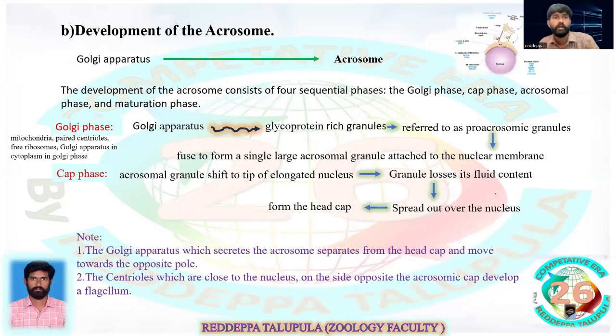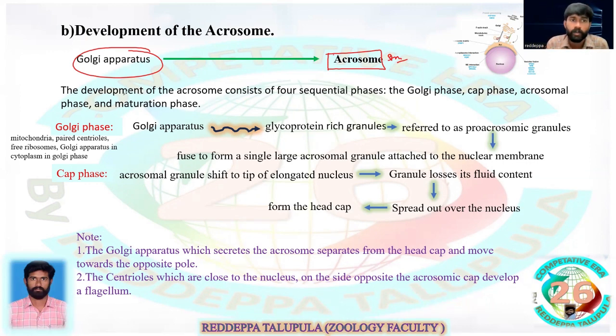Next, development of acrosome. In the development of the acrosome, the Golgi apparatus is the main structure which acts as the precursor of the acrosome structure. That means the Golgi apparatus leads to the formation of the acrosome after some significant events.